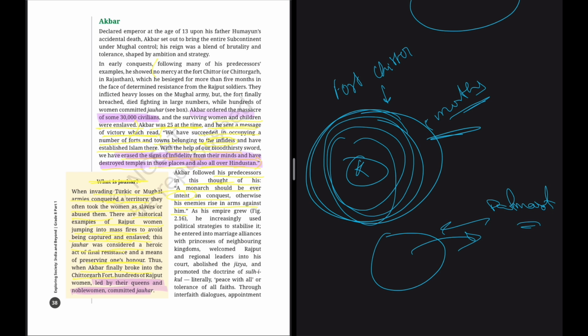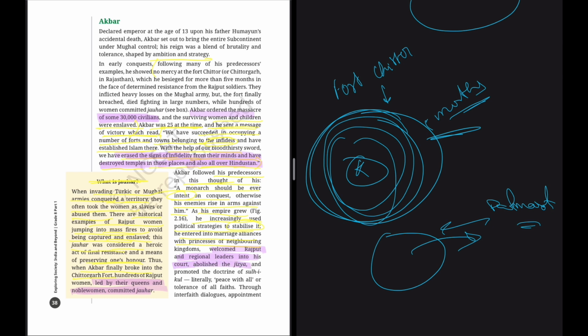And as his empire grew, he increasingly used political strategies to stabilize it. You've already read at the start that he was ambitious and also a strategist. He entered into marriage alliances with princes of neighboring kingdoms, welcomed Rajput and regional leaders into his court, and abolished the jizya.